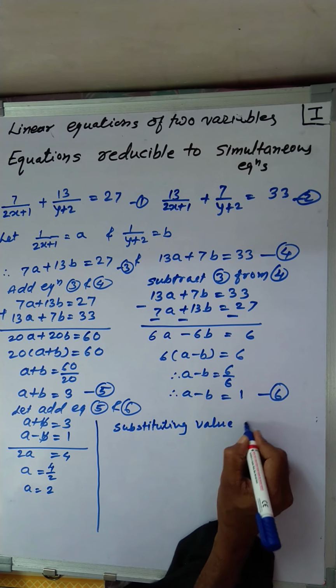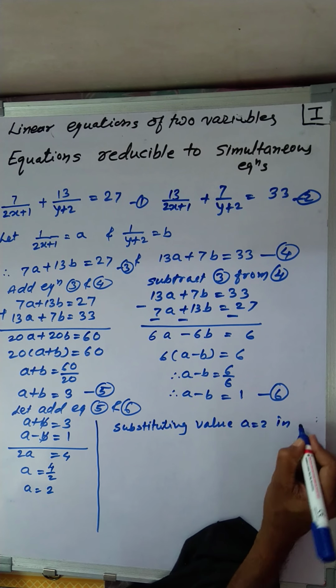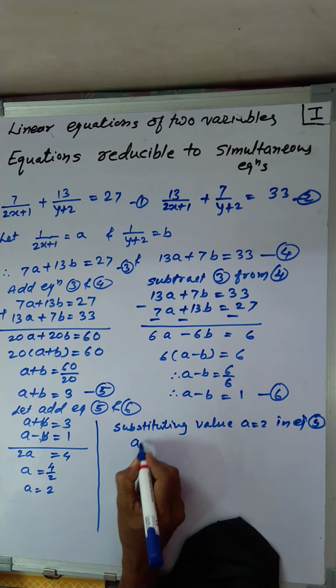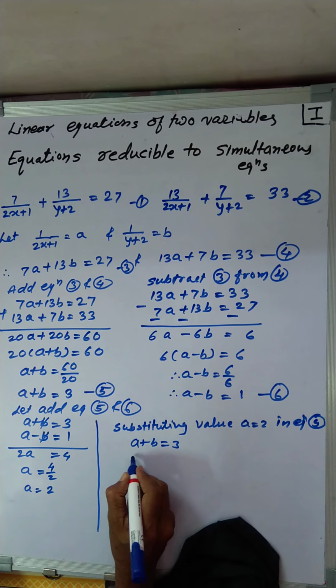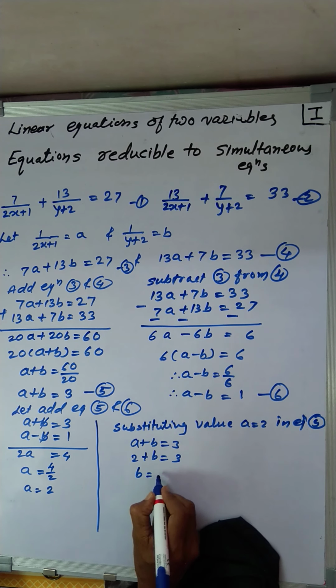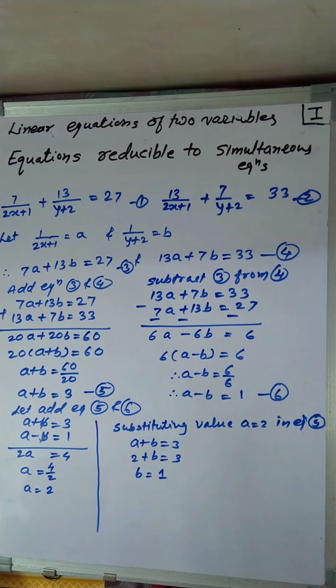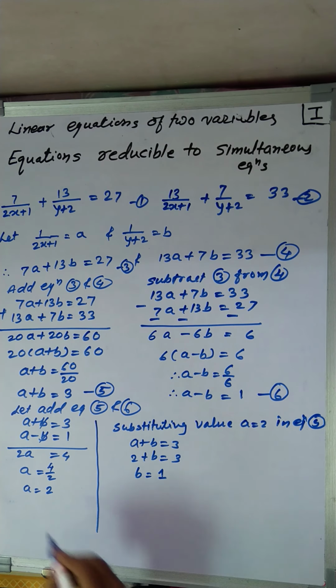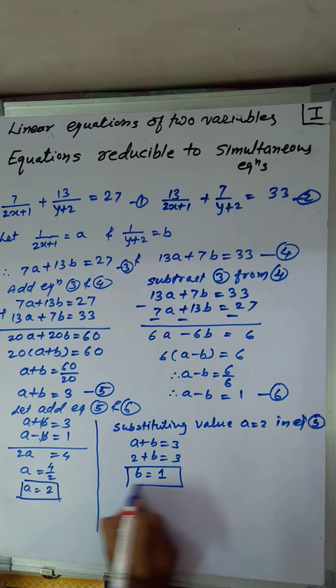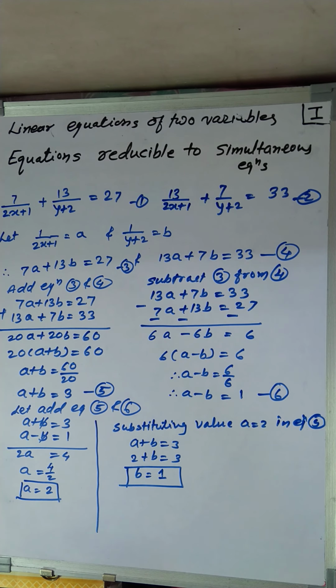We get a plus b is equal to 3, therefore 2 plus b is equal to 3, hence b is equal to 1. But we have to find the values of x and y. We get the values of a and b: a is equal to 2 and b is equal to 1. Now resubstitute these values in the equations.